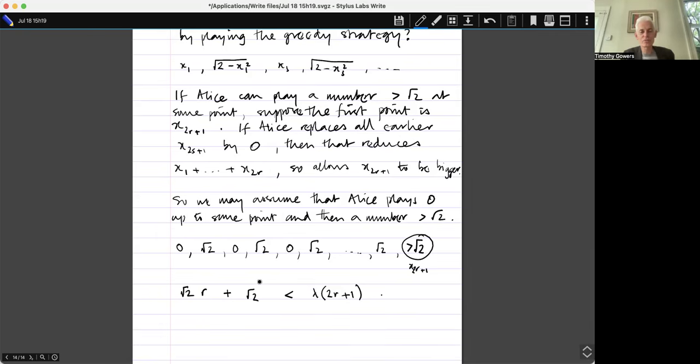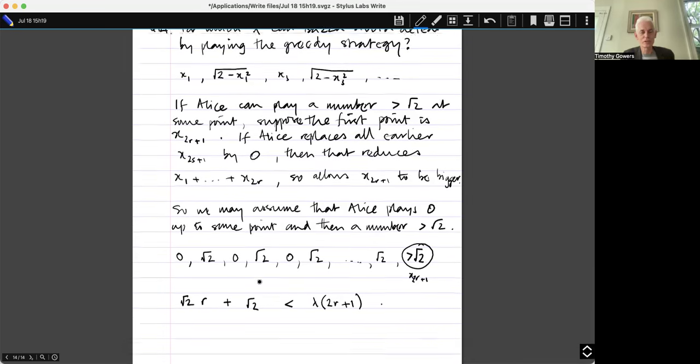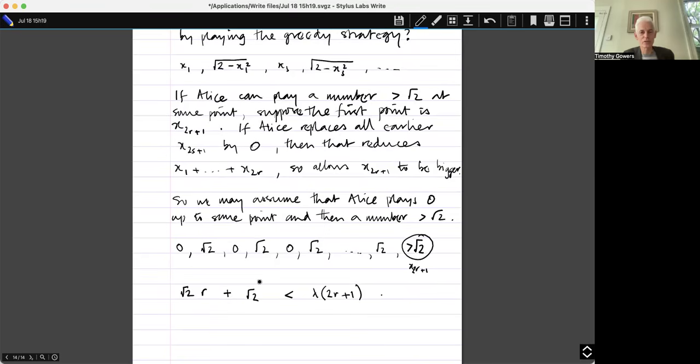So this is not the condition for Alice to win, but it's just a condition for Alice to be able to defeat the greedy strategy or make the greedy strategy no longer possible. That's interesting, that's not actually going to be a victory for Alice necessarily, because Bazza can always depart from the greedy strategy, but still, let's just see what that gives us.